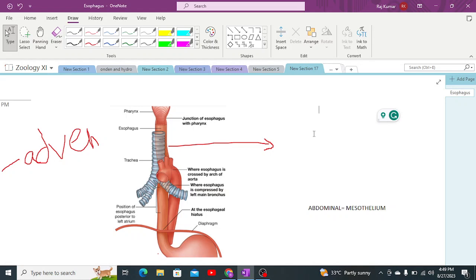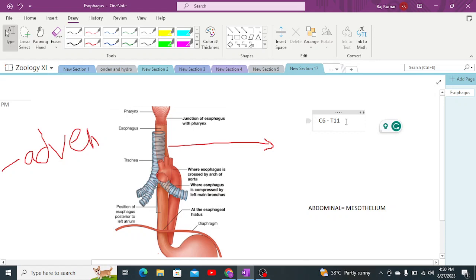Apart from which, we have the location. We have vertebrae, and where does the esophagus start? The esophagus starts from the C6 vertebra, cervical vertebra 6, and extends to the second last vertebra of the thoracic vertebrae, which is T11.